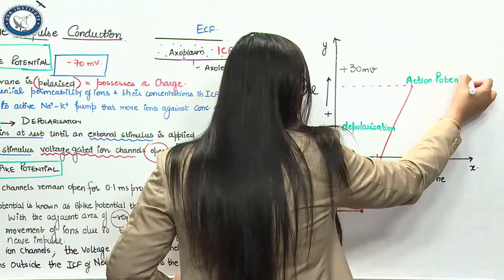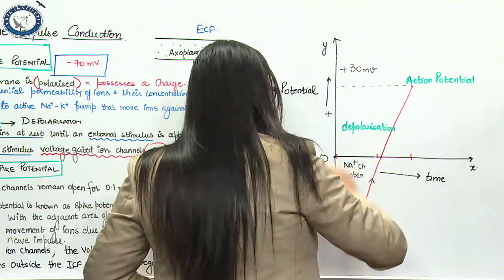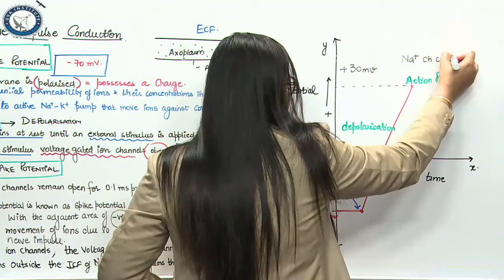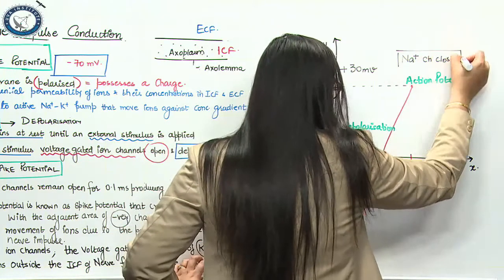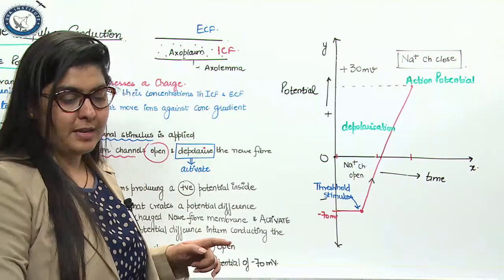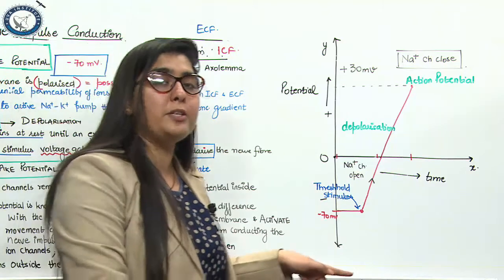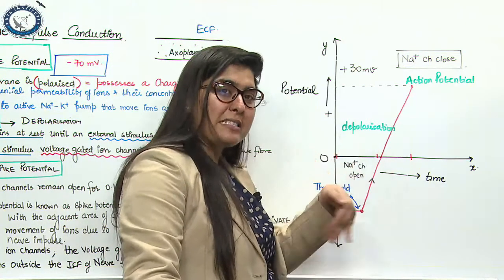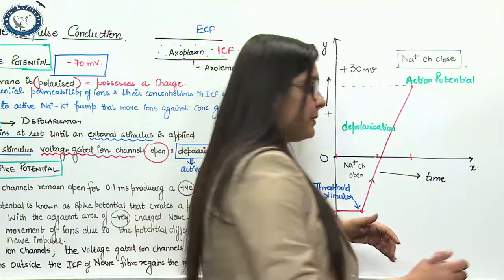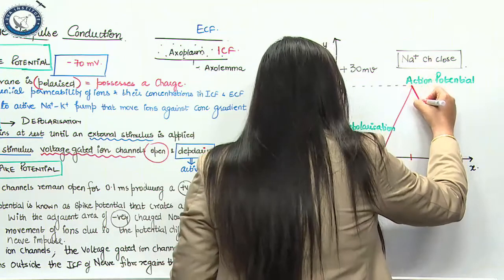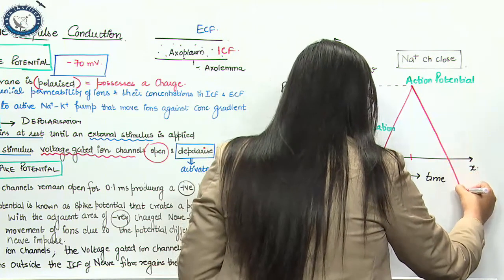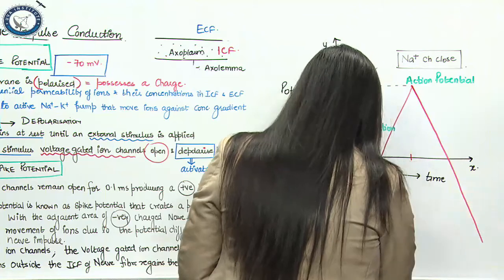At this point, the sodium ion channels close. Once the action potential is gained, the sodium channels close. What opens? The potassium channel opens. And now the potassium channels are going to lead to movement of positive charge outside, so the positive potential of the nerve membrane will decrease. Once it starts decreasing, it decreases below the point of minus 70 millivolt.